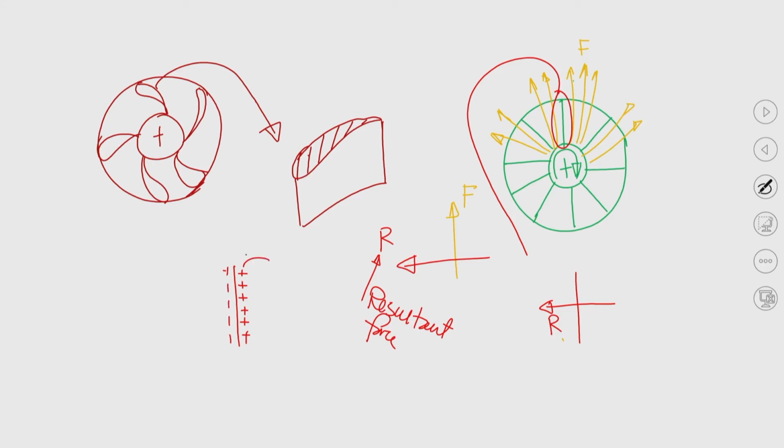So, this is positive pressure because of this resultant force, and this is negative. I am representing it by these two words, positive and negative.